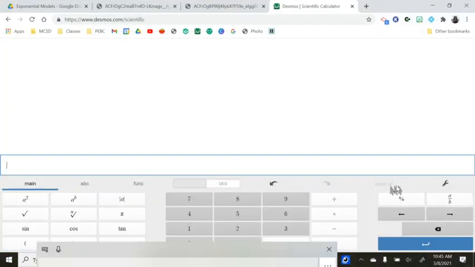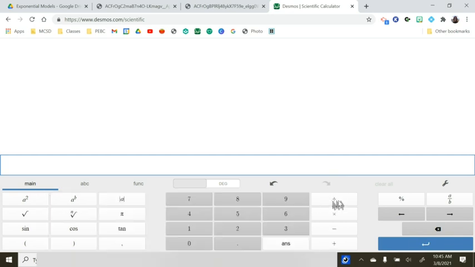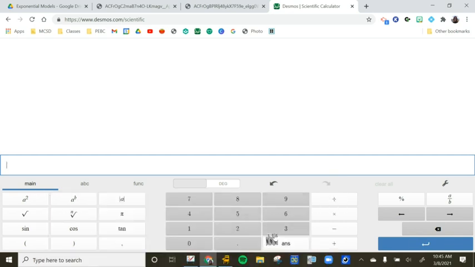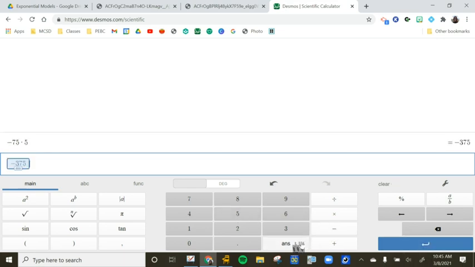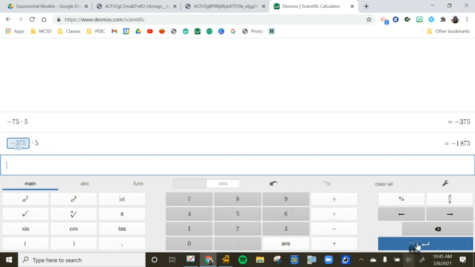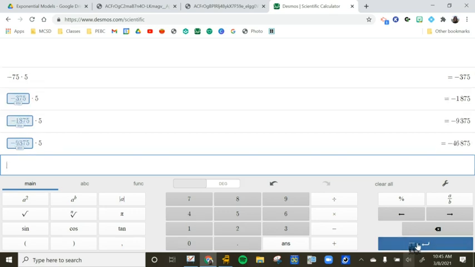Maybe you remember this trick. Yeah, so what you do is, if I'm starting with negative 75 and I multiply it by 5 and I hit enter, and then I do answer times 5, that gives me negative 1875, and then I can just hit enter from then on, and it keeps growing.